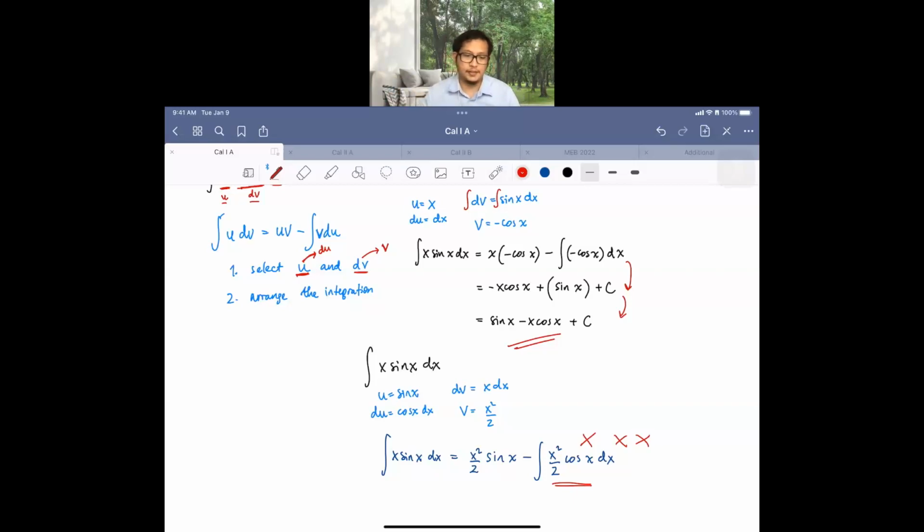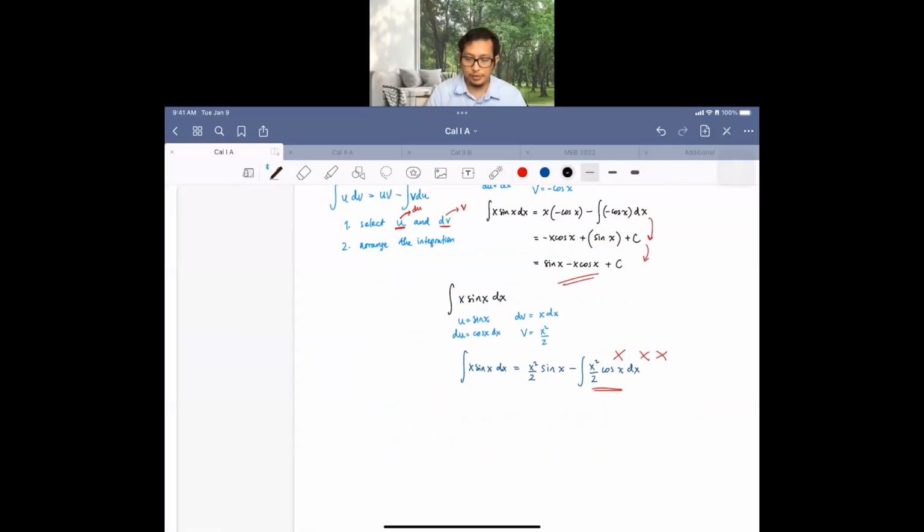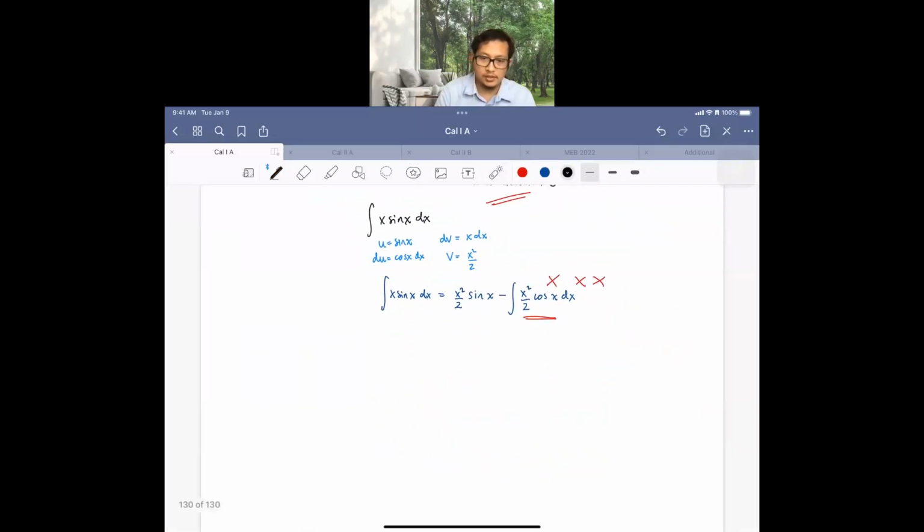Okay, let me give you one that is a little bit more difficult. Let's write the integral of x squared sine 3x dx.